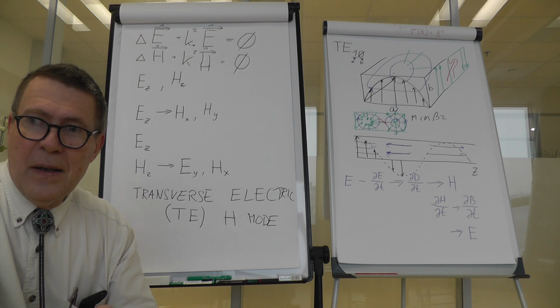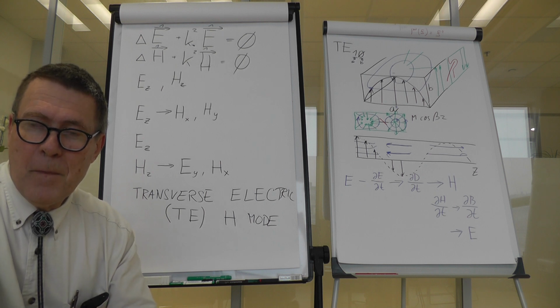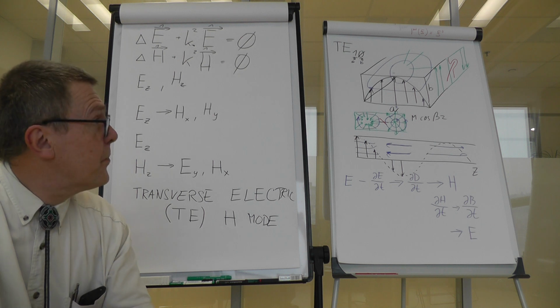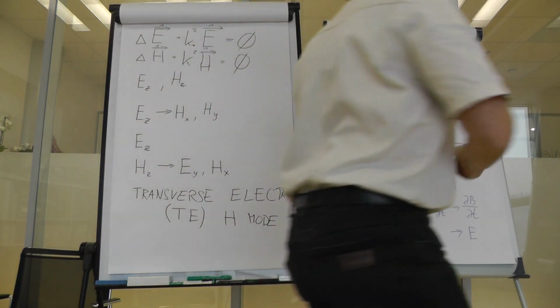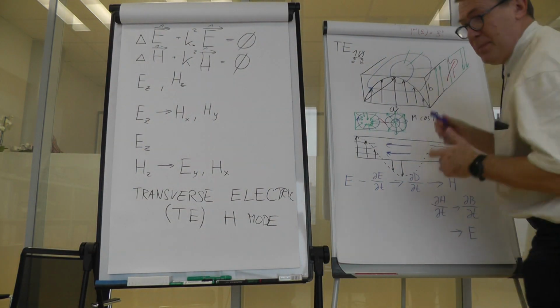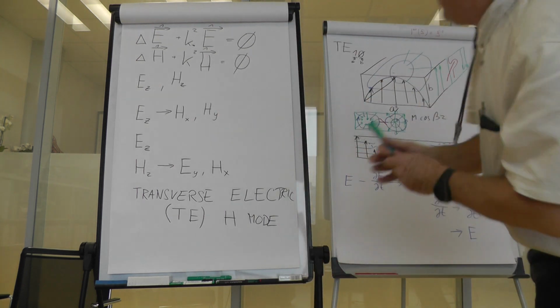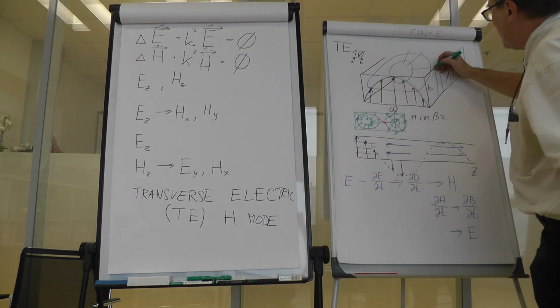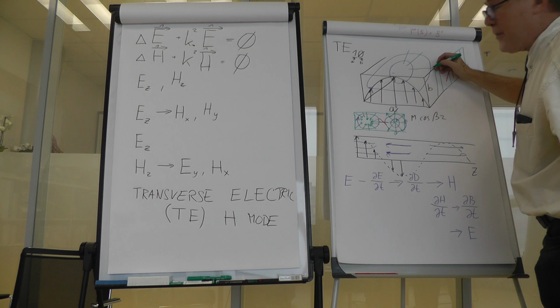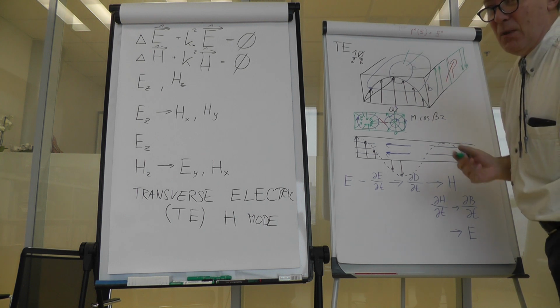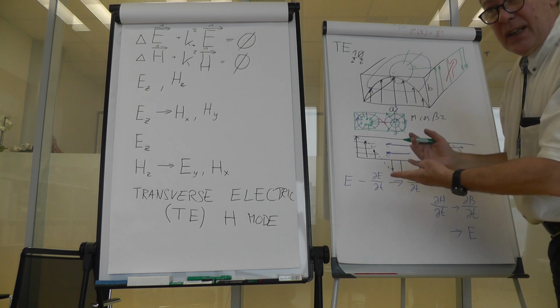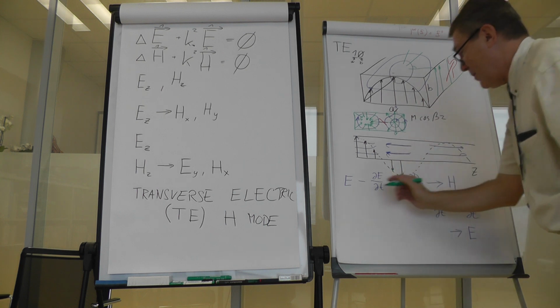Could you just please retell about the current direction on the first sketch, the upper one? The upper one, yes. So the important point is that the current must be, well, I used the green line, the current at the metal surface must be perpendicular to the magnetic field, which is the boundary condition, as you remember.